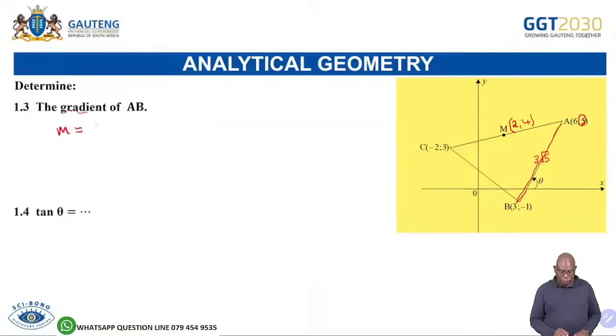So I'm going to say 5 minus -1. See, I've started with the y values. The x values, I'll start with the 6, because I've started with the 5 there, so it will be 6 minus 3. So I'm going to have 5 minus that, so it will be 6 divided by 3, and the gradient there will be 2.